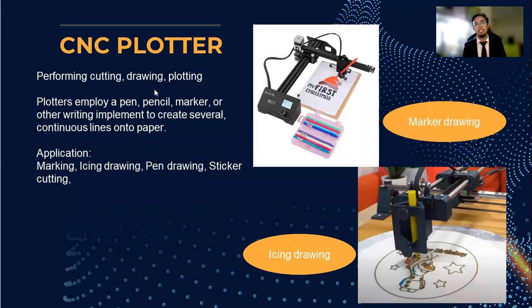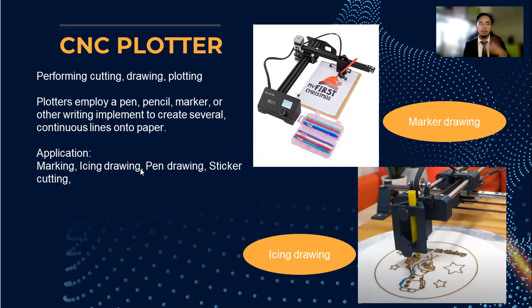Right, so this is the CNC plotter. In this picture is a marker-drawing CNC plotter, which draws a picture on paper. This CNC plotter draws a picture or any shape on any surface, but this one is for icing drawing, for cake tops.